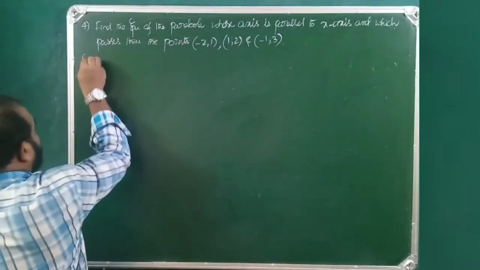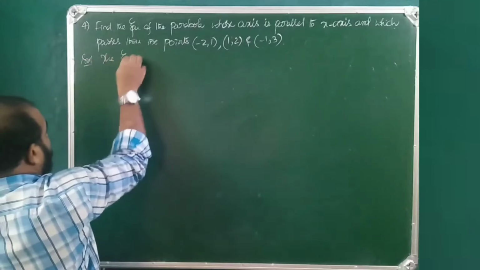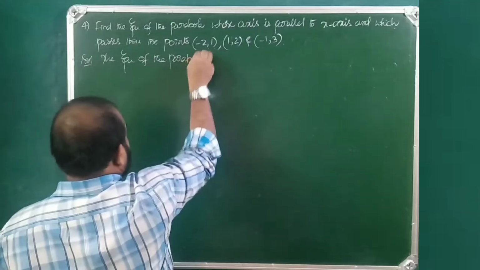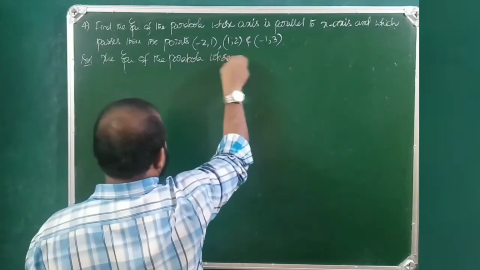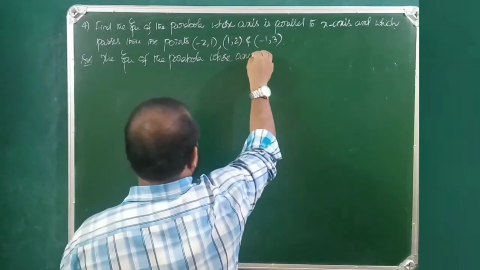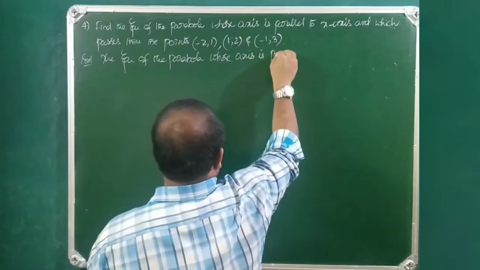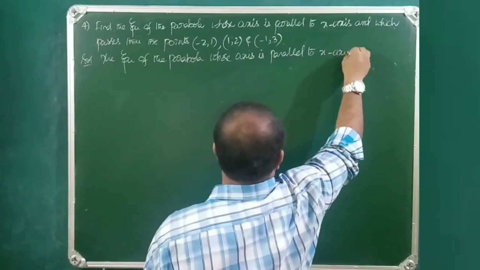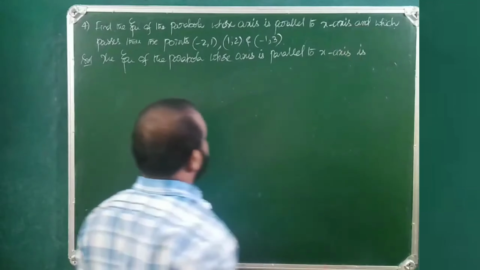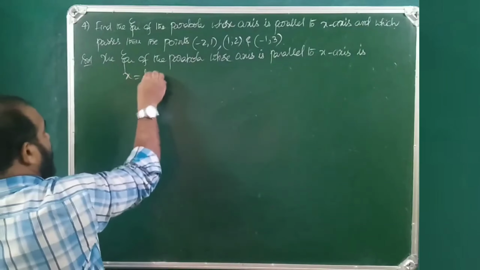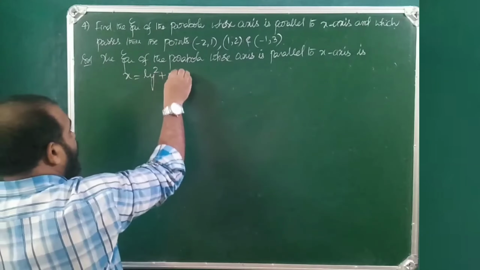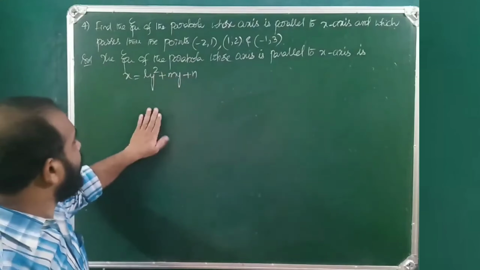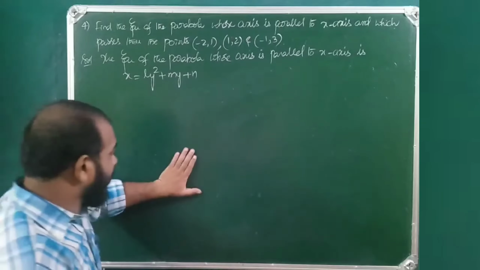So, the equation of the parabola whose axis is parallel to x-axis is x equals ly square plus my plus n, where l, m, n are constants which we have to obtain.